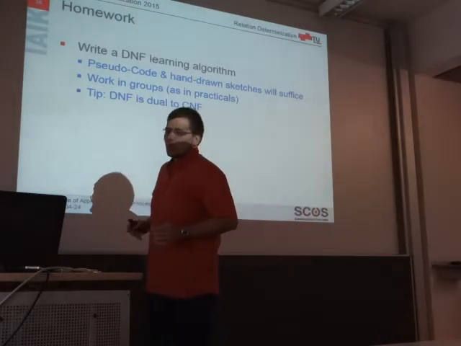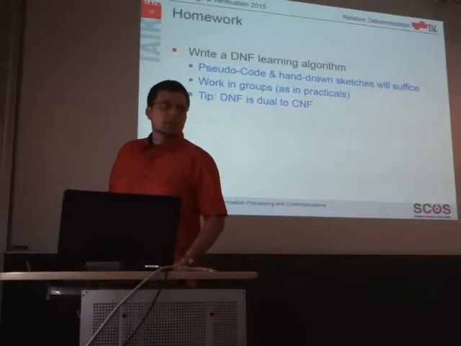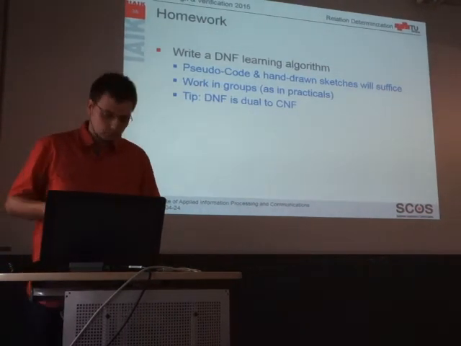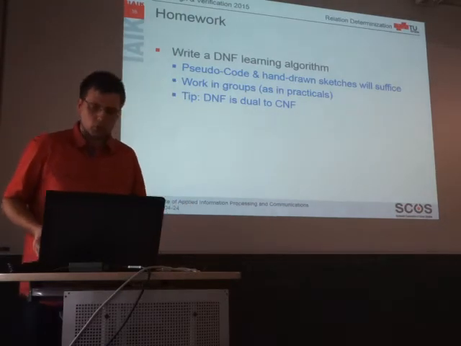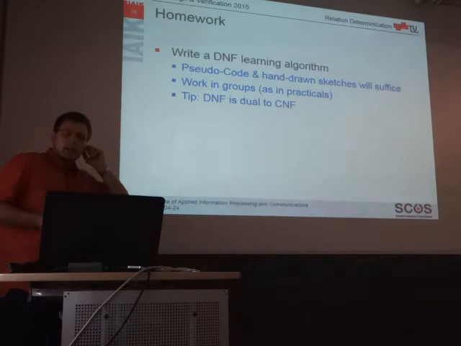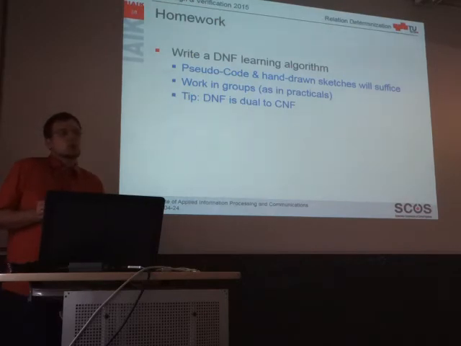You can also work in groups, in the same groups that you also use for the practical tasks, but you can also do it alone if you prefer, or for whatever reason, no problem. And just as a tip, disjunctive normal form is always exactly dual to conjunctive normal form, so by switching everything that is true to false and conjunctions to disjunctions and so on, it shouldn't be that hard.